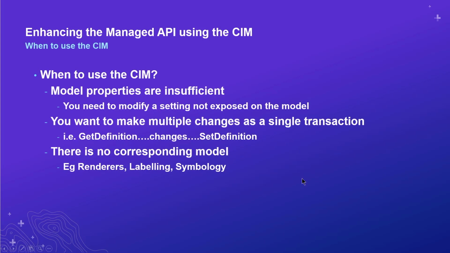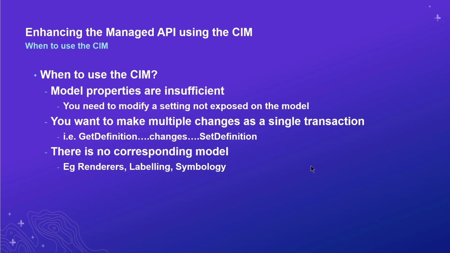When to use the CIM? We use the CIM primarily when the model properties are insufficient for the task at hand. If you examine the model properties and you don't see what you want, if you need finer granular access, you go to the CIM. Additionally, if you want to make multiple changes and the model properties are available, you choose to use the CIM because you want to apply all your changes as a single transaction.